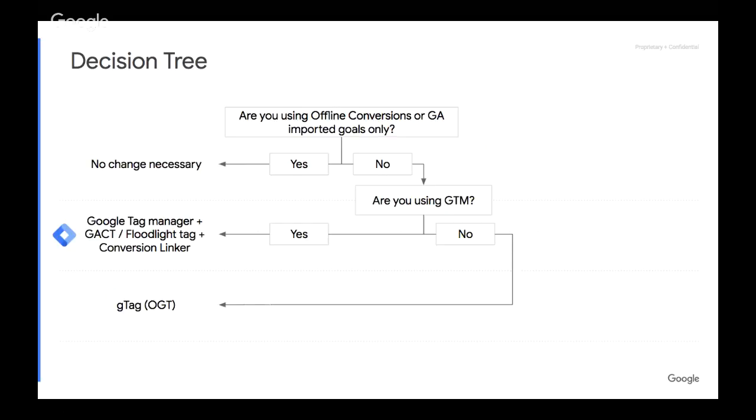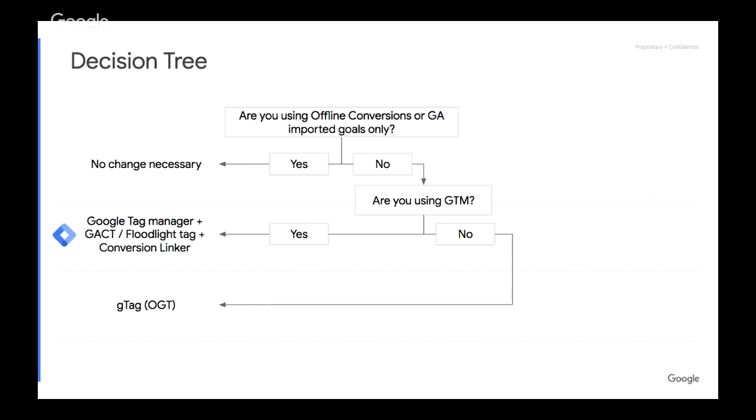Here's a decision tree of how you make your decisions on which of the solutions to use. If you're only using offline conversions or Google Analytics as your main source of conversions, then you don't need to implement anything new, because the second one uses first-party cookies and the first one is served as an API integration, so they're not affected by the upcoming changes.